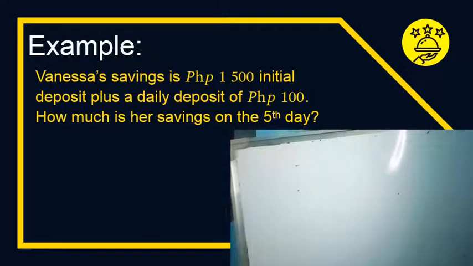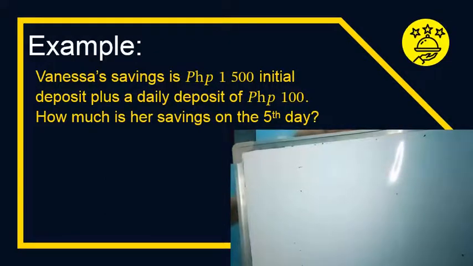So let us solve the given problem. Vanessa's savings is a 1,500 pesos initial deposit plus a daily deposit of 100 pesos. How much is her savings on the 5th day?